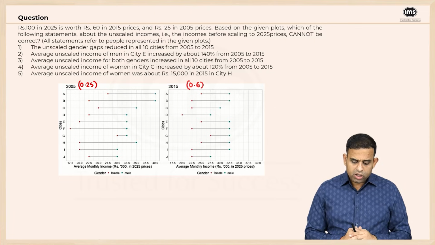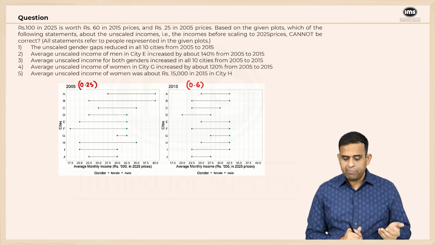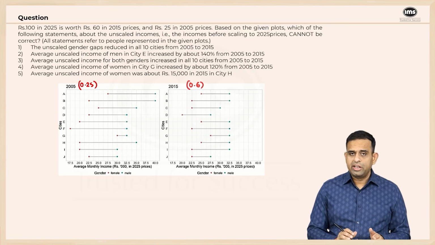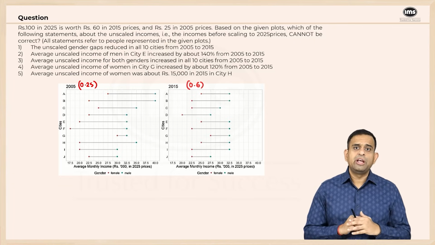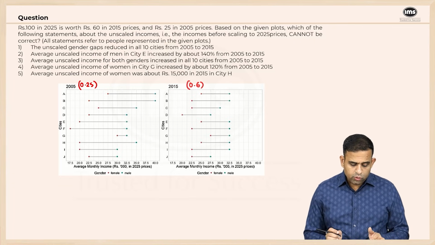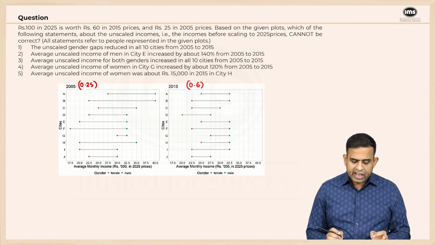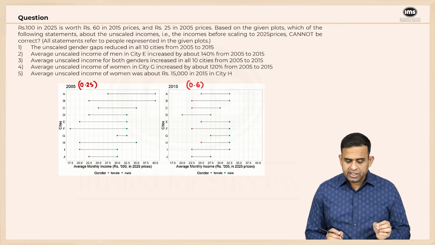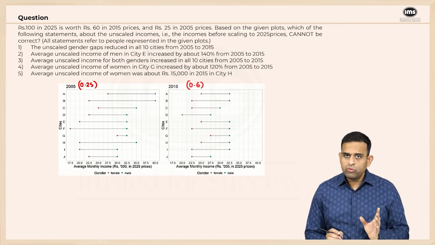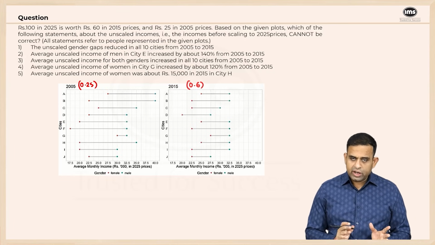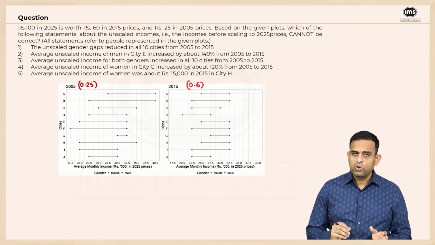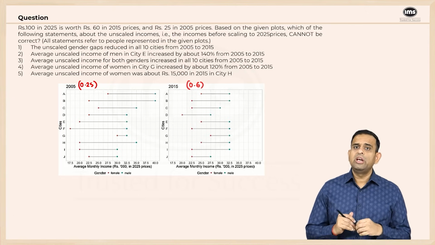Based on the given plot, which of the following statements about the unscaled income, which is the income before scaling to 2025 prices, cannot be correct over here? So again, we are looking for something which has to be definitely false. And they told you the unscaled gender gap reduced in all the 10 cities from 2005 to 2015. So what we can look for in this particular case is a scenario where it is going to be an increase.